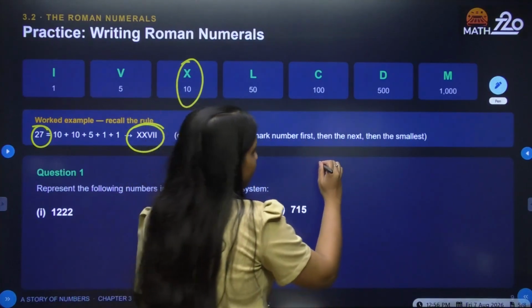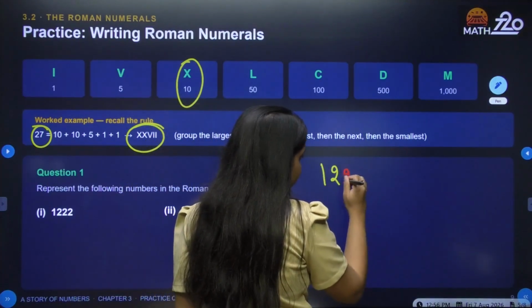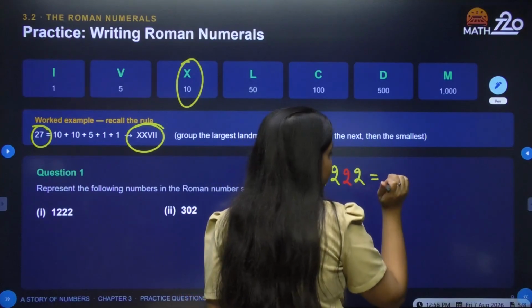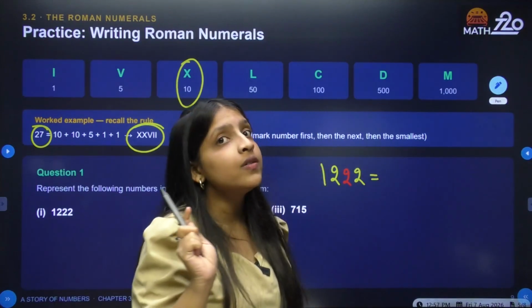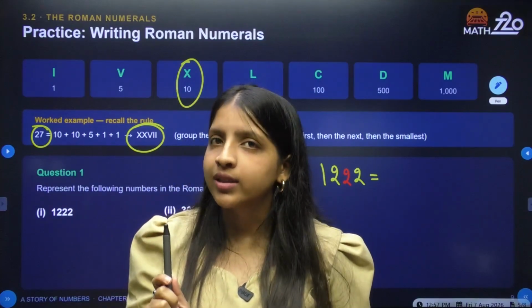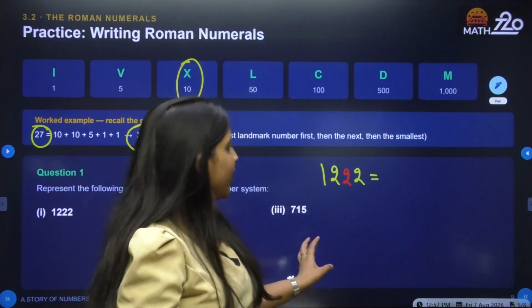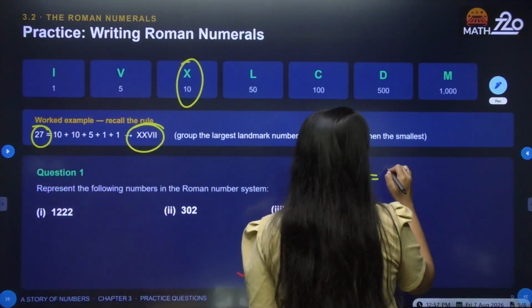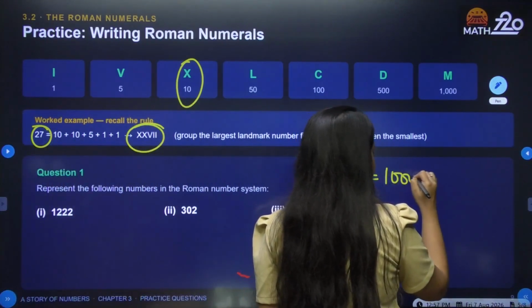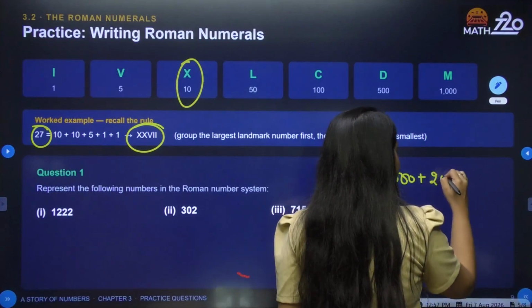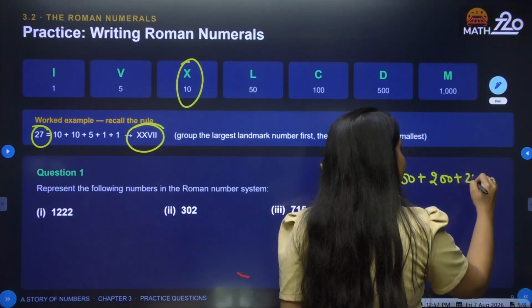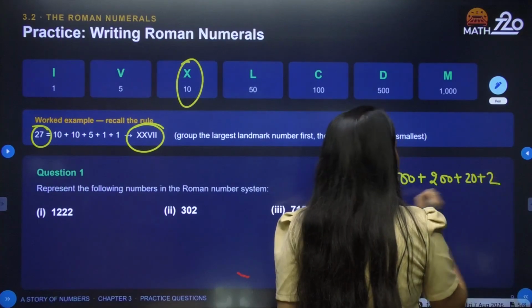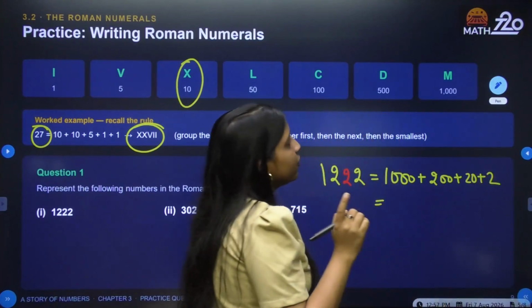First question is 1222. Guys, see, first you have to solve the question by yourself, then watch the answer. Okay, 1222. Let's write it as 1000 plus 200 plus 20 plus 2. What is the representation for 1000?